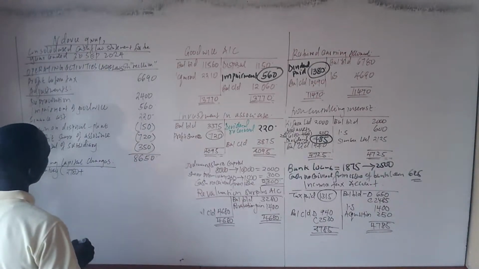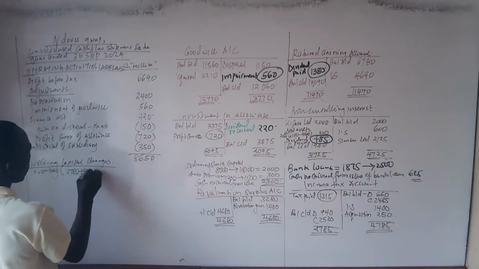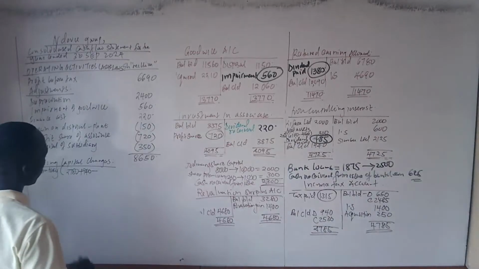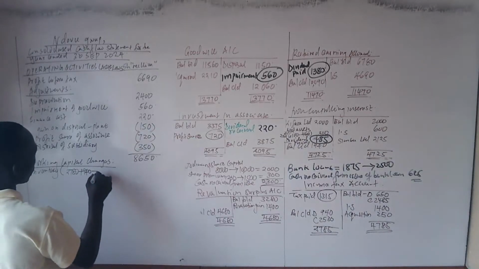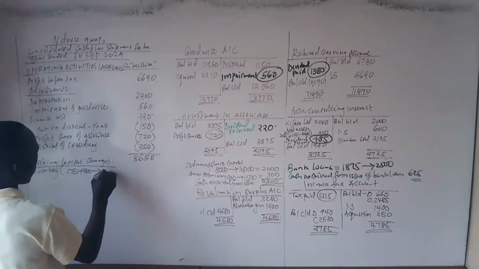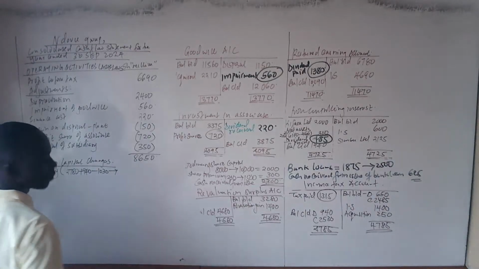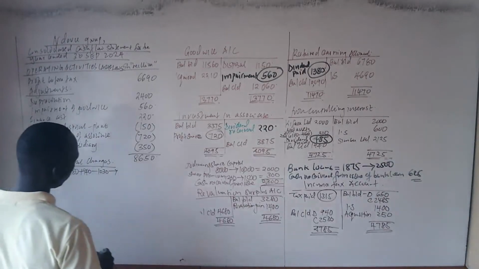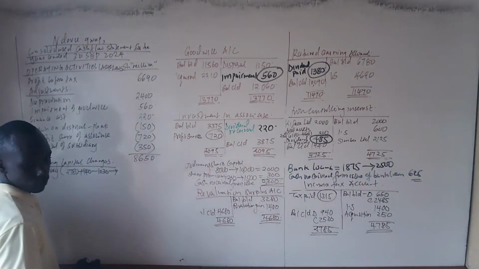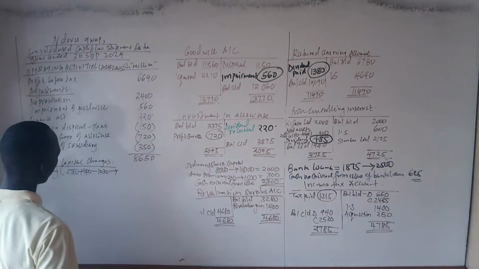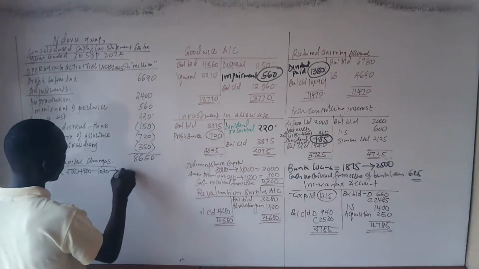We acquired 940. Then we disposed how much? We disposed 1030. What do we have at the end? At the end we have 2970.